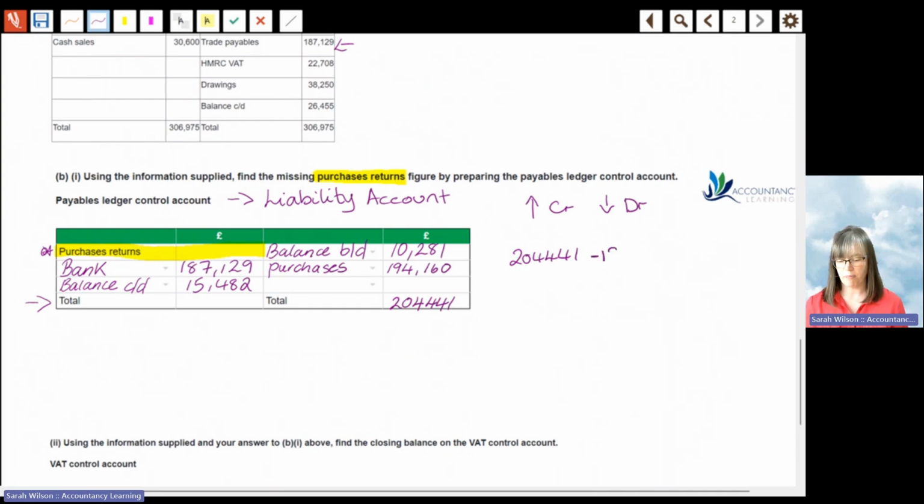You're going to take off your bank, take off your balance carried down, and then that gives you a remaining figure of 1,830, which is going to be your purchases returns. And then in the exam, this would then auto total and it would balance.